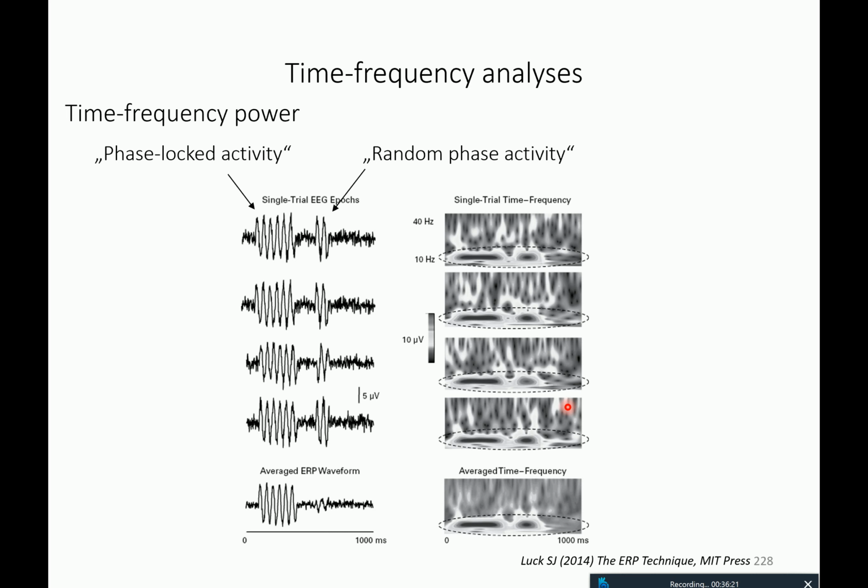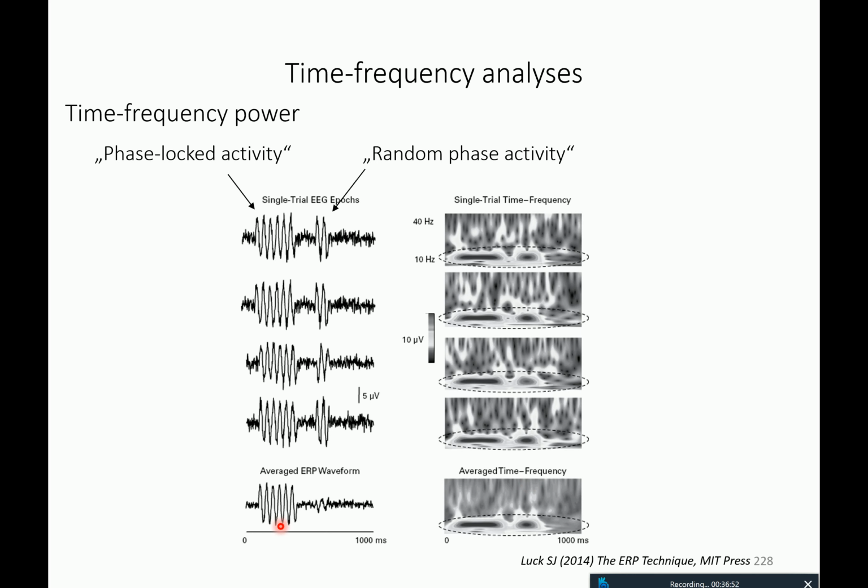The only thing that one needs to be a little bit careful about is the induced spectral power, because sometimes people would refer to this total spectral power as induced spectral power. It would be a little bit cleaner if you would subtract the evoked spectral power from the total spectral power, because clearly you have this 10 Hertz activity here.